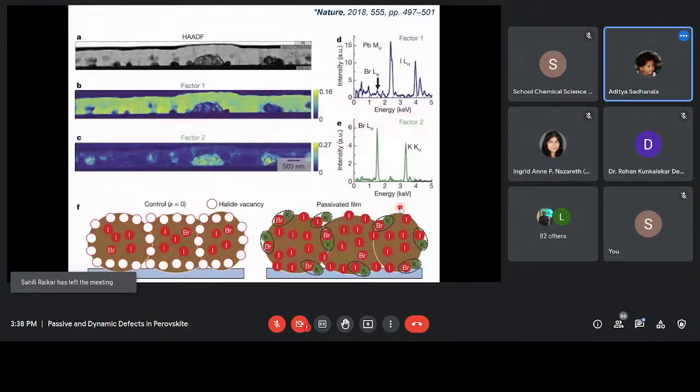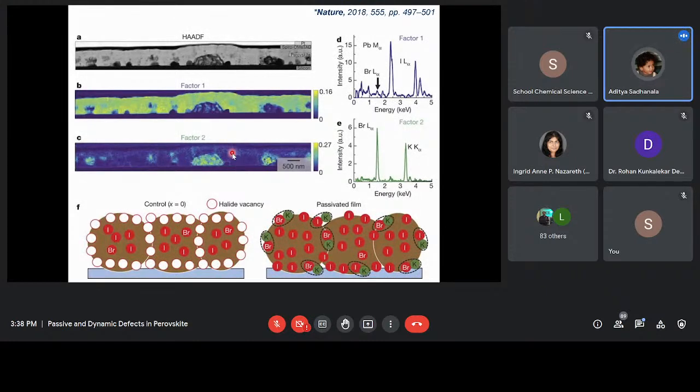Now, one thing we observe the same thing in the specialized TEM images. What we see here is the grain boundaries. If you focus on the laser pointer here, the factor 2, which I'm showing you here, this is showing you the segregation of potassium. Okay, you can see the potassium is segregated along these grains.